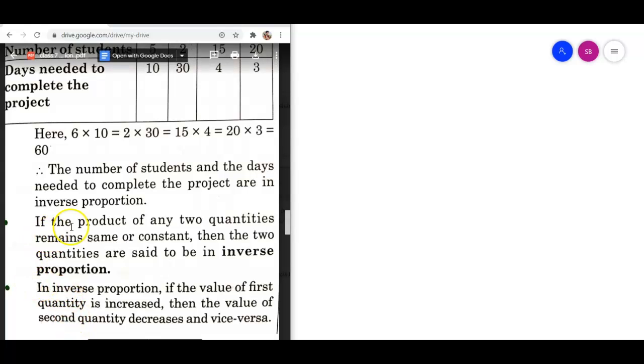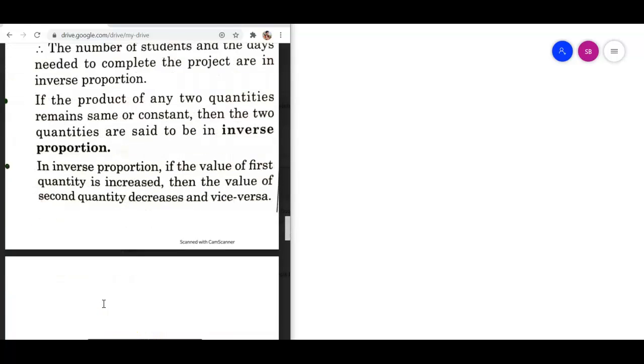In inverse proportion, if the value of the first quantity is increased, then the value of the second quantity decreases, and vice versa, right? Now let us go ahead with the examples.